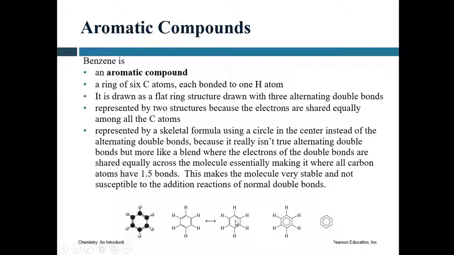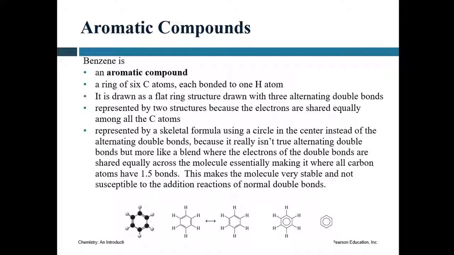It's actually more of a blend, and so a more accurate view is this picture here, the second from the end, which shows that the electrons are shared equally over the molecule.